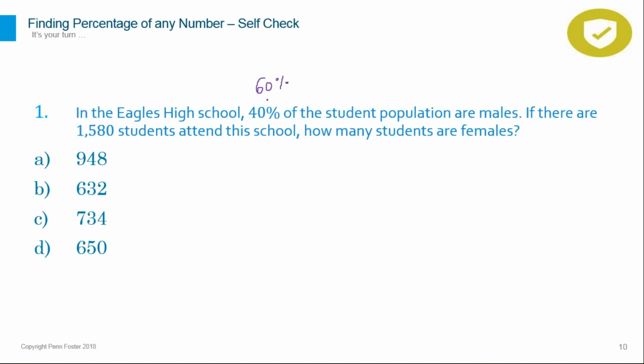So now my R is not 40, it's R equals 0.6, since we are looking for the percentage of females, and that is the B. Then P equals B times R. B in that case is the total number of students, 1580, times the rate, which is no longer 40%, it's 60%. So times 0.6, just multiply, and that will give you the number of female students that go to the school. So the correct answer is going to be A.